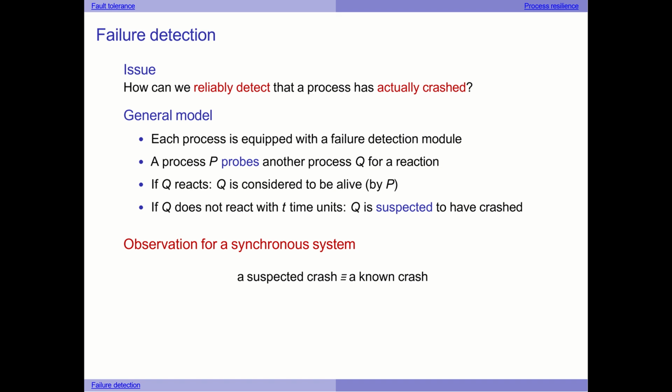When a process P probes another process Q for a reaction, if Q reacts, then Q is considered to be alive by process P. But if Q does not react within a certain amount of time, Q is suspected to have crashed.